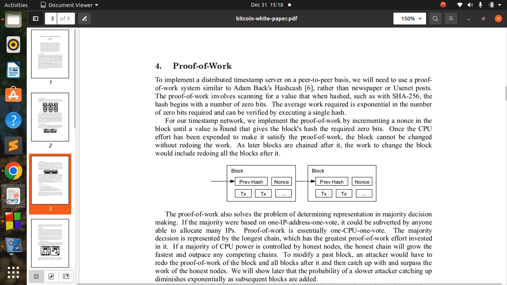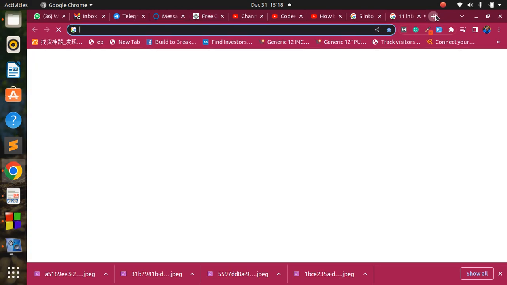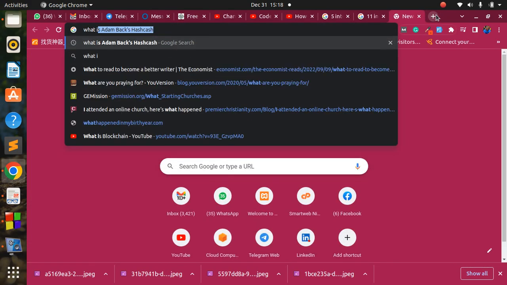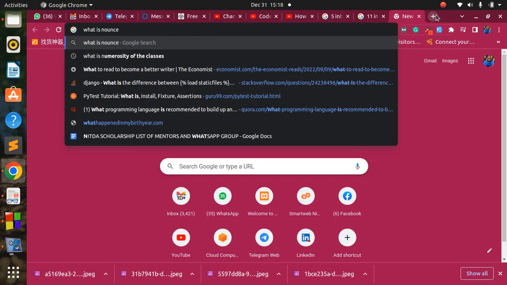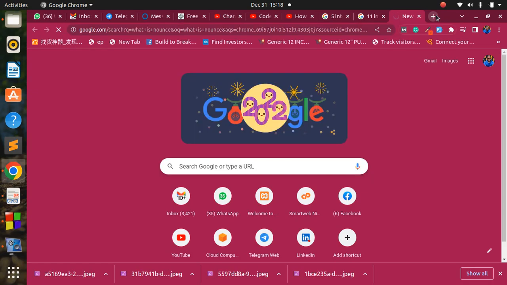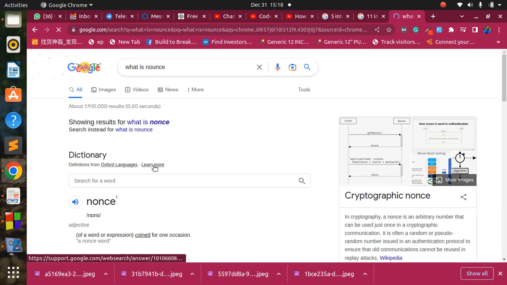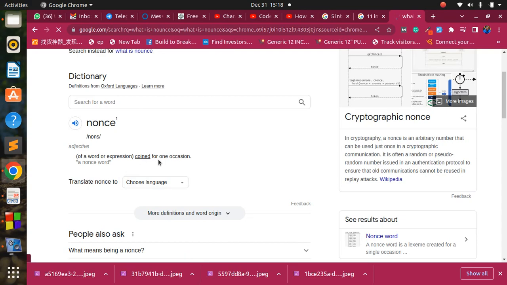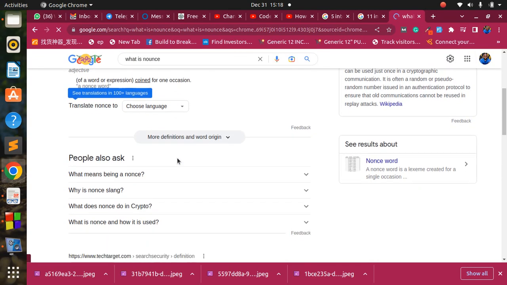For our timestamp network, we implement the proof of work by incrementing a nonce. What is nonce? Let's check it out. Nonce in blockchain. Nonce, a word coined for one occasion, means one.